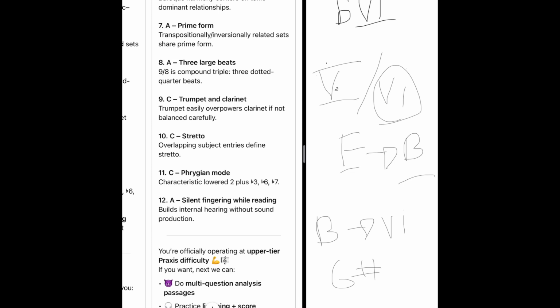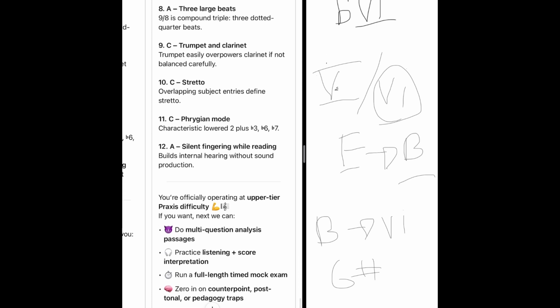Prime form. Prime form was right. Triad large. Yep, I had that one right. Okay, I didn't think of that one. Okay, I didn't know that one either. Phrygian mode. Okay, I had that one right.